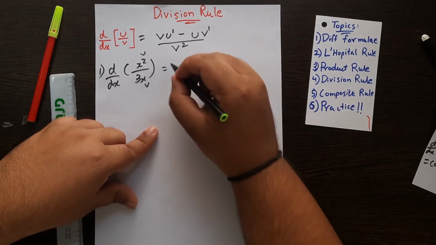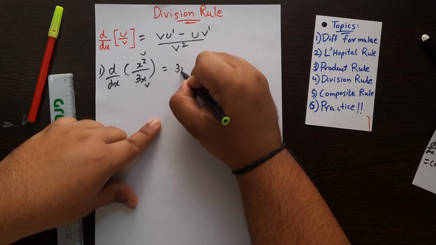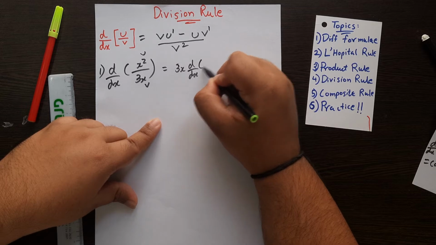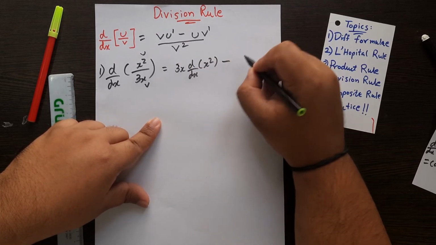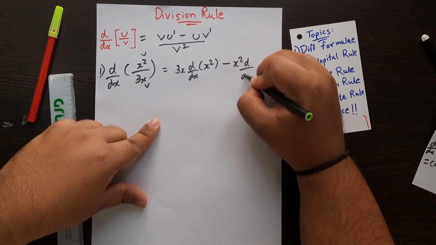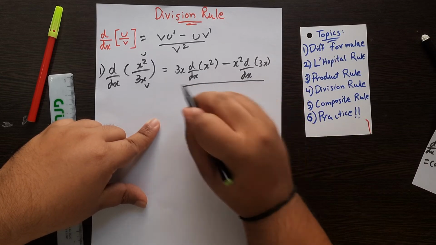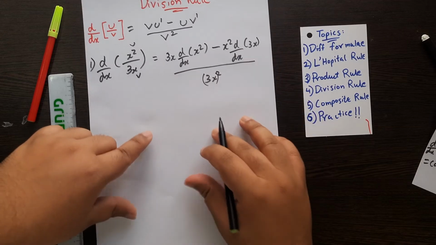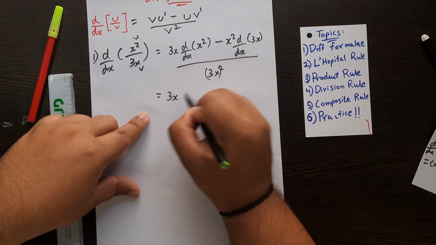Applying the formula, it will be 3x into d by dx of x square, minus x square constant into d by dx of 3x, the whole divided by v square, that is 3x the whole square.